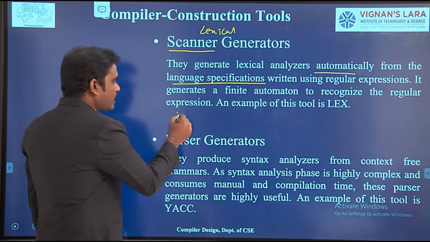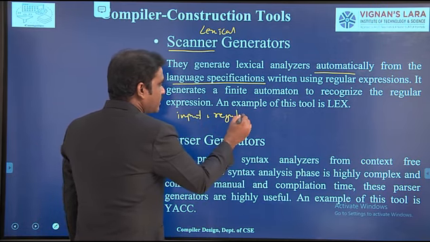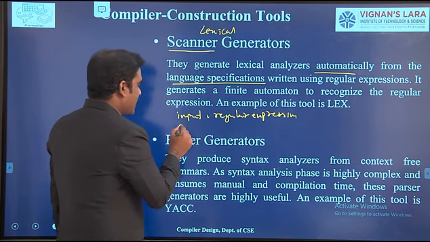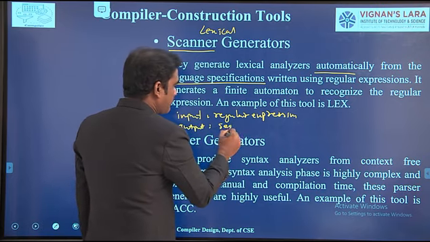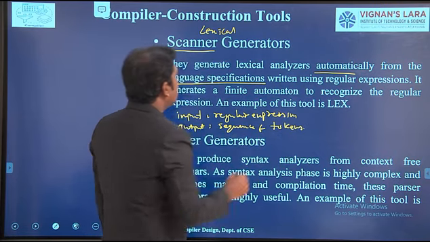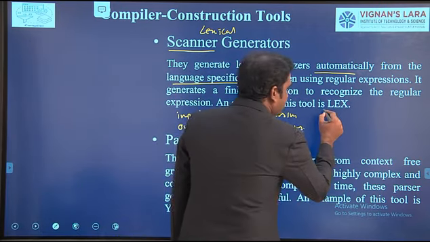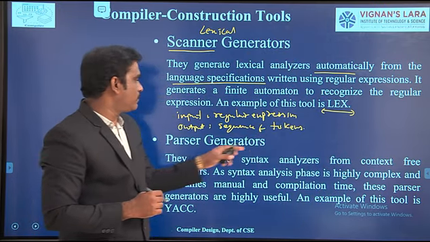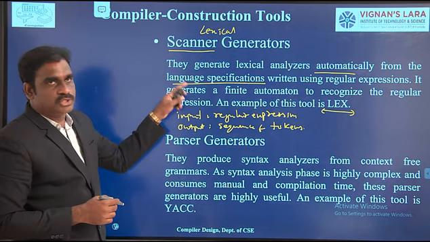So the input is regular expression, and the output generated is a sequence of tokens. To generate tokens we are using the Lex tool, the lexical analyzer generator. With the help of this tool, we can generate the sequence of tokens. So this is the first tool.